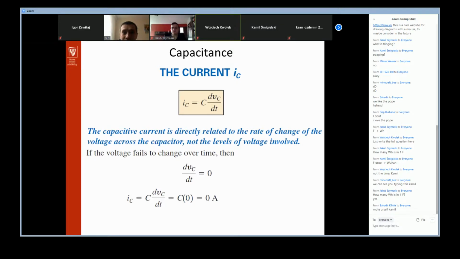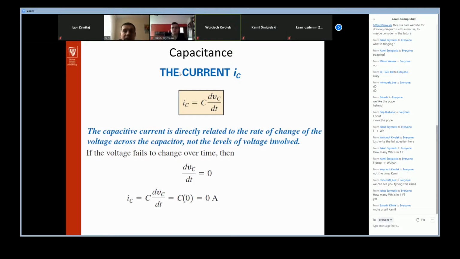Where can we observe the changing of the current? When we have some situation where we change something in our electronic circuits. For example, we use some switch, we change it. Any changes produce changes of the current and the voltage on the capacitor. That's very important.